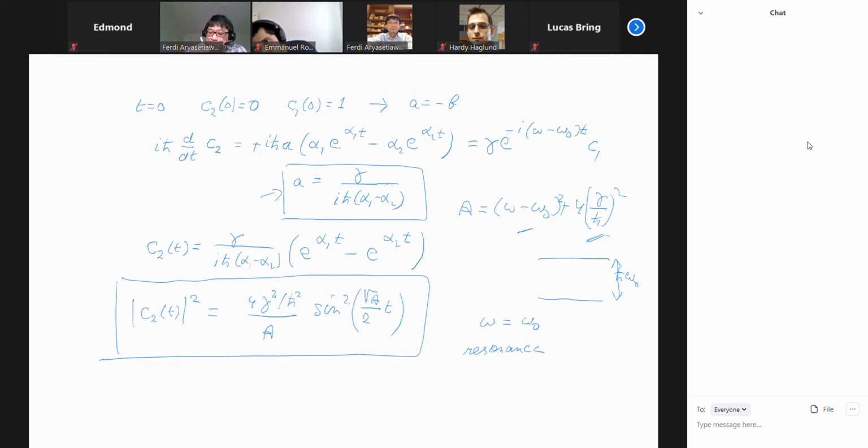Now, in the exercise, one of the exercise problems, I think you are also asked to do this same problem, but using perturbation theory, time-dependent perturbation theory. And there you will find that perturbation theory has problems when it reaches resonance, because in the perturbation theory, you don't have this factor here, the denominator, so it blows up.